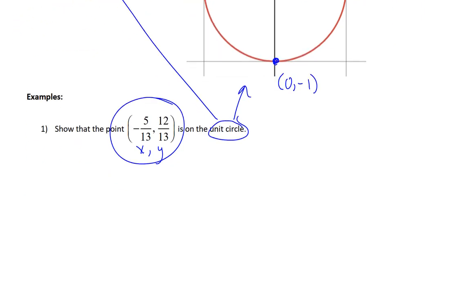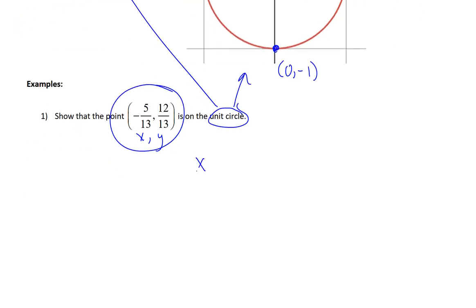So all we need to do is bring back the equation of the unit circle, x squared plus y squared equals 1, and substitute the values given for x and y in this coordinate point. So instead of x squared, we're going to put (-5/13) squared plus, and then instead of y squared, we're going to substitute in for y the y coordinate given of 12/13.